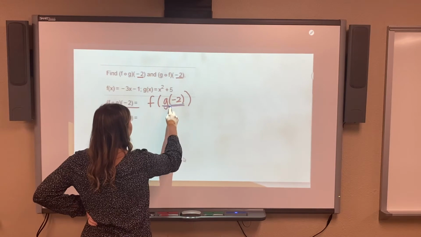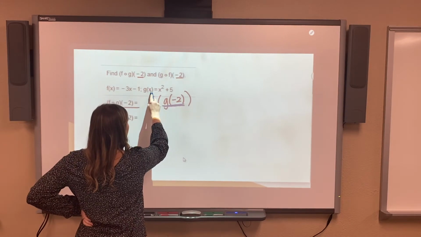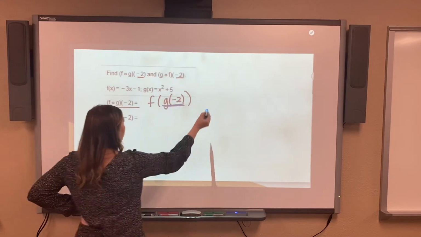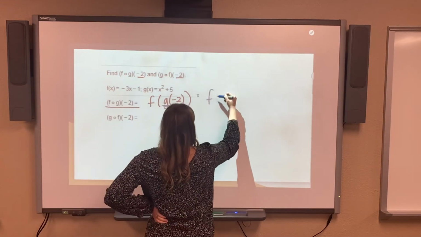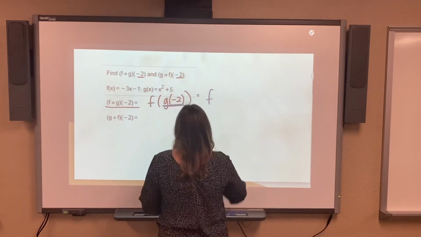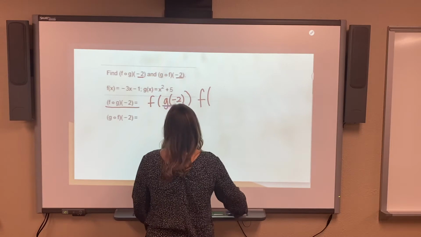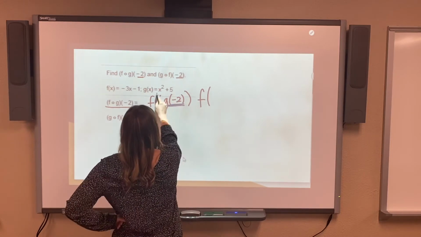Our input for function g is going to be -2. So we're going to plug this -2 in for g. So that would be f of, and then in g, we're going to put -2.